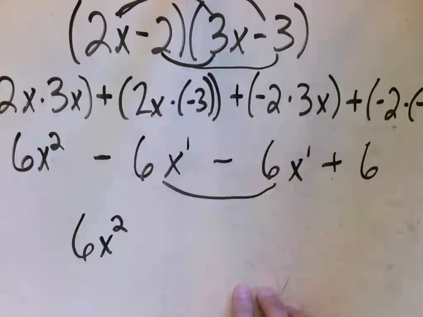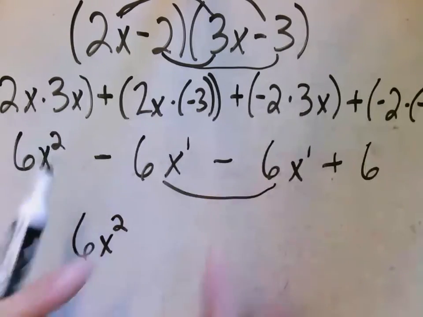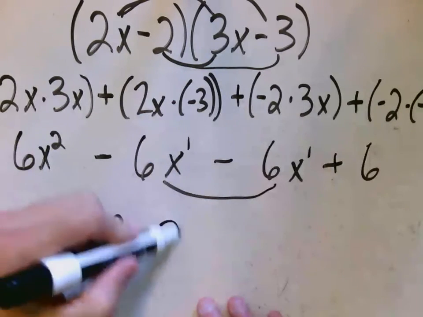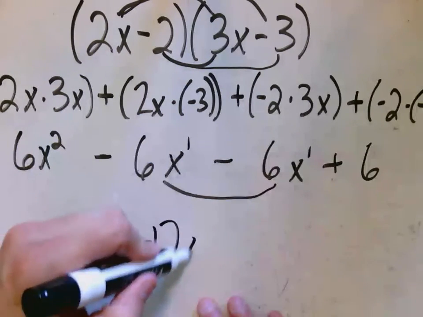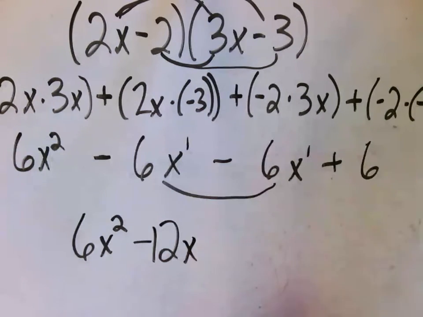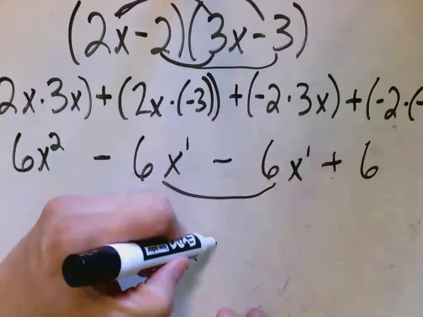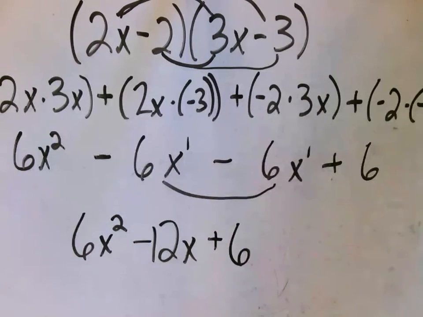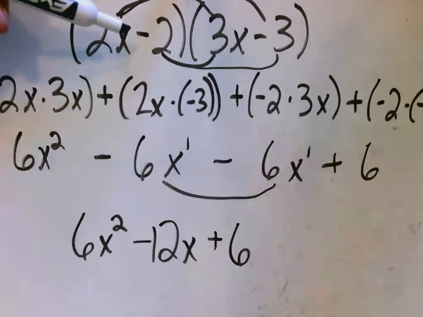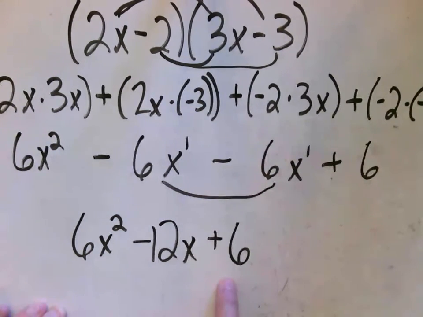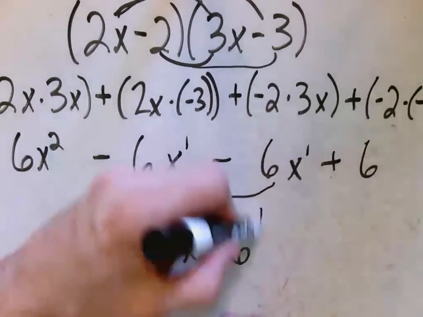You can put that into a calculator, but remember, if we're adding signs that have the same number, the sign stays the same, and we just add these values together. I wrote it wrong, but that's correct. Right? And then 6 doesn't go with anything, so it just falls down. Okay? So the final simplification of 2x minus 2 times 3x minus 3 is 6x squared minus 12x plus 6.